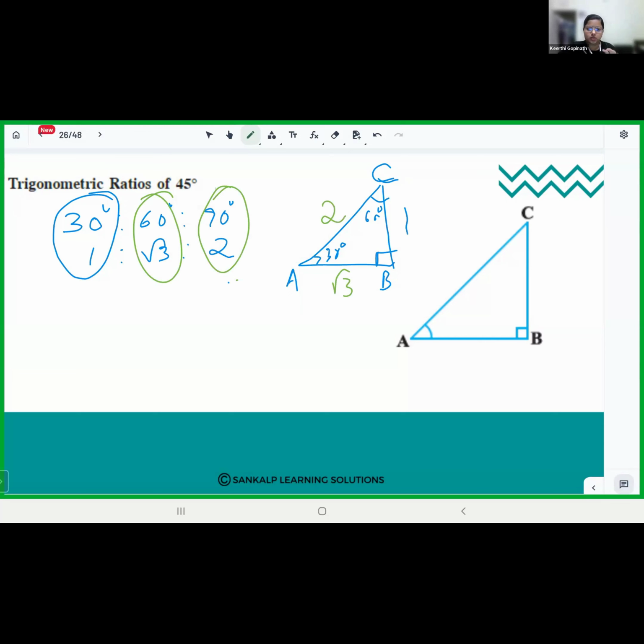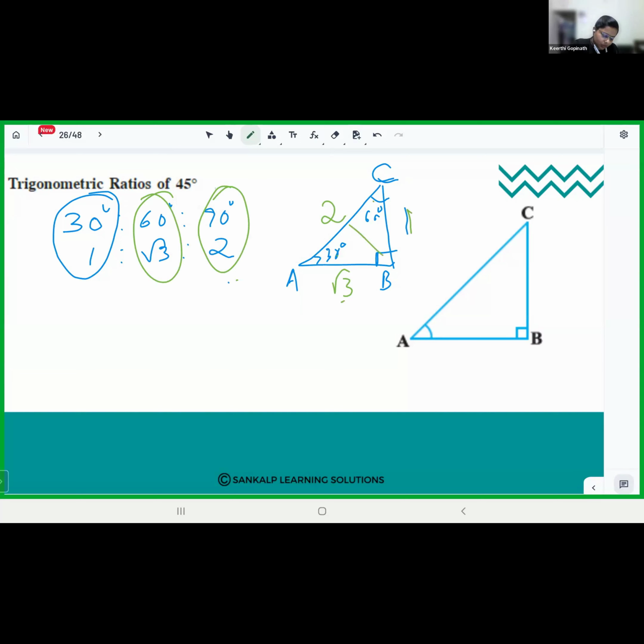You just study the ratio of their sides. It is nothing but 1:√3:2. That means the opposite of 30 degree will be 1, opposite of 60 degree will be √3 and opposite of 90 degree will be 2.